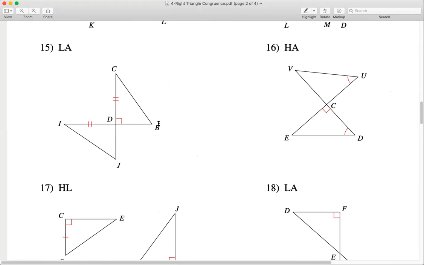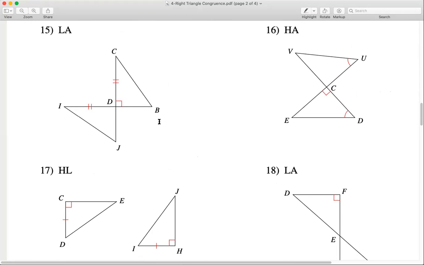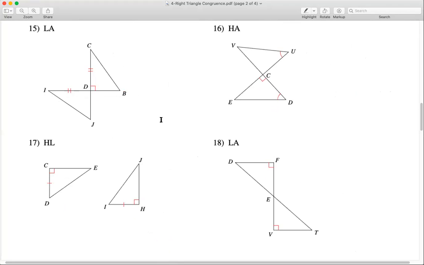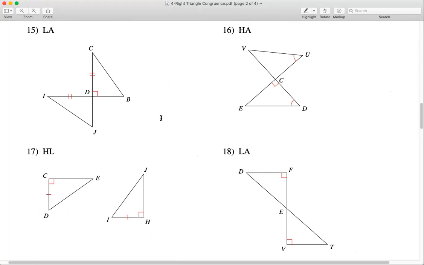Try to check these problems and identify the missing parts that will make the given triangles congruent using the given theorem. In number 15, it's the leg-angle, then hypotenuse-angle, hypotenuse-leg, and the leg-angle. Tell us the results or your answers.